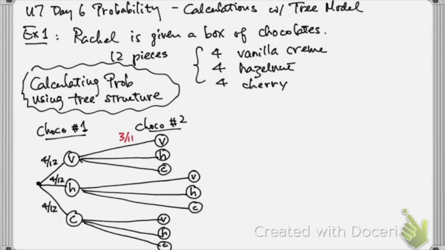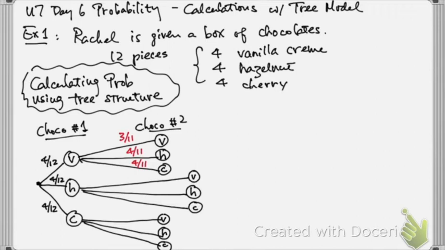What about hazelnut? Well, since she took away a vanilla, the number of hazelnut is still 4, and the total number of chocolates is 11. So the chance of choosing a hazelnut would be 4 out of 11. And similarly for cherry, there's still 4 cherries left, so it's going to be 4 out of 11 as well.